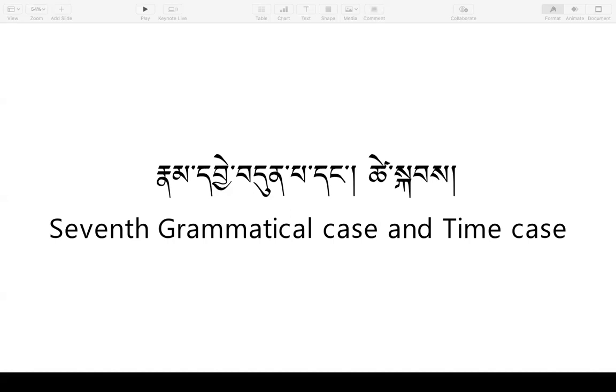Okay, then the seventh grammatical case and the time case, which is the subgroup of the seventh grammatical case.